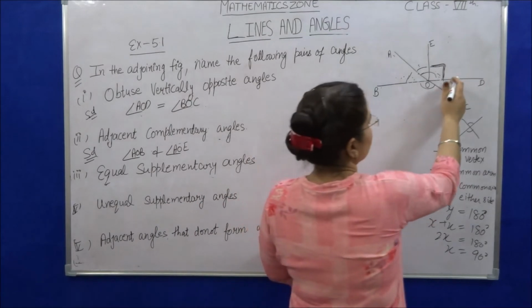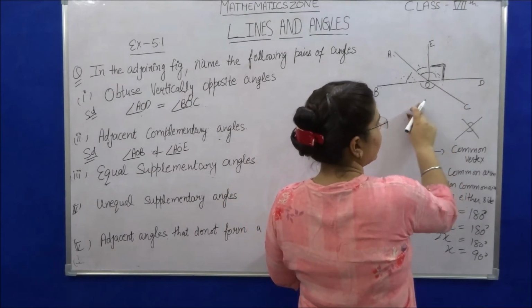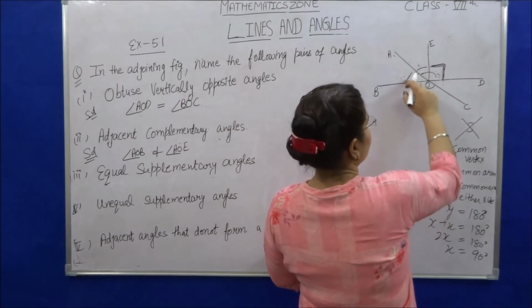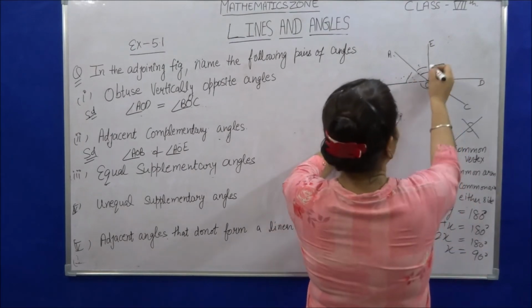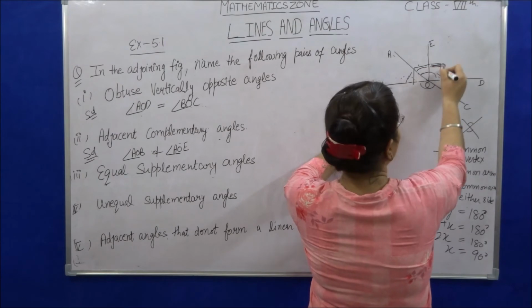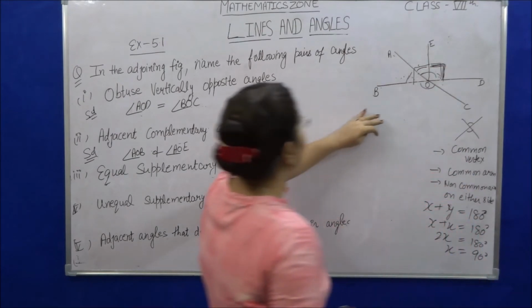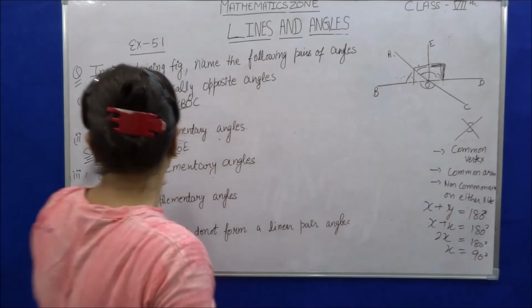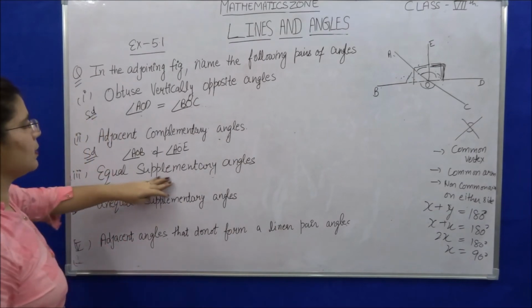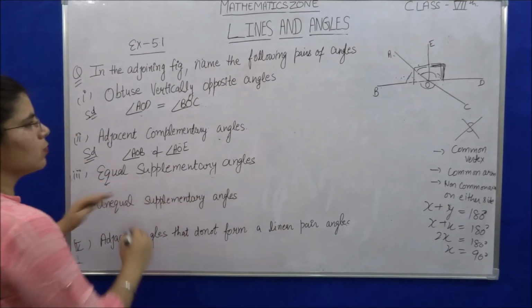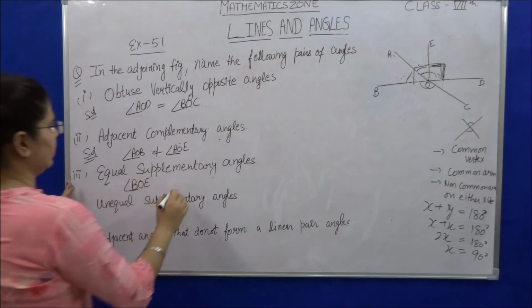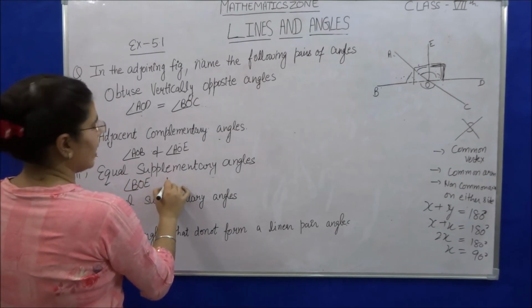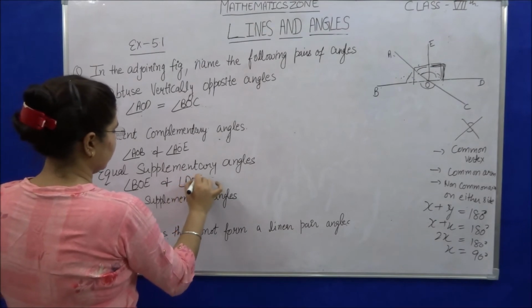If we look at the figure, then this is less than 90 degrees, this is greater than 90 degrees. Now the remaining angles are on the upper part of the figure. So the sum of this pair is 180 degrees. So we are given equal supplementary angles. So angle BOE and angle DOE.